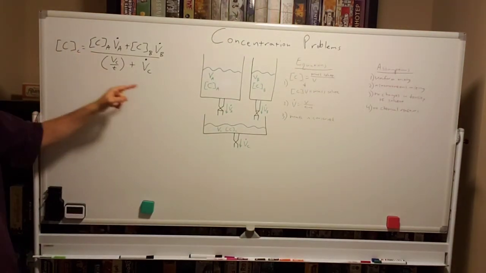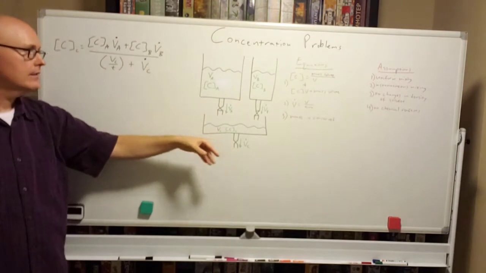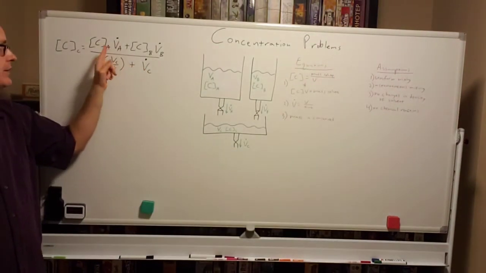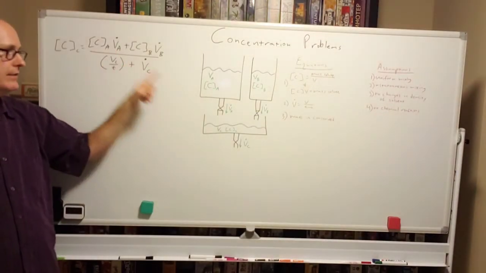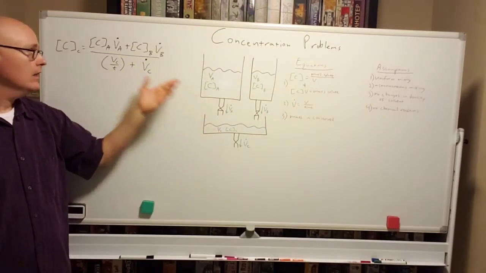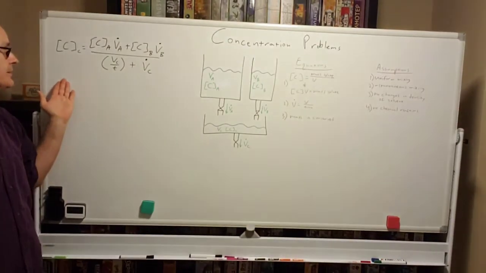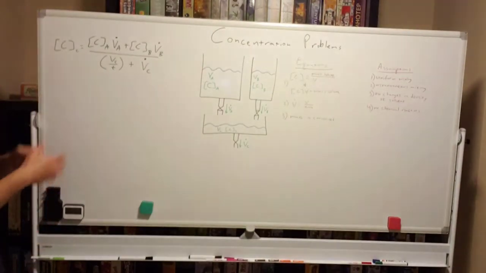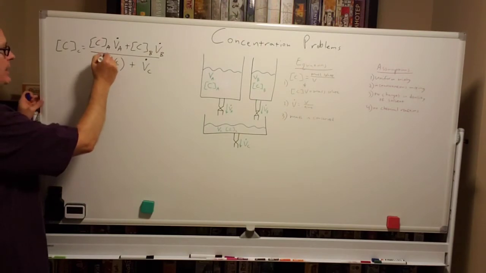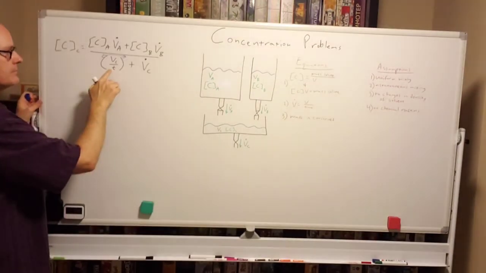So let's say that all things being constant, I just change the volumetric flow rate from tank A into C. How would that affect the concentration of C? So what does that mean? That means that the accumulation rate in the tank is constant.